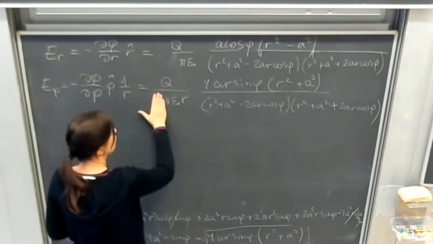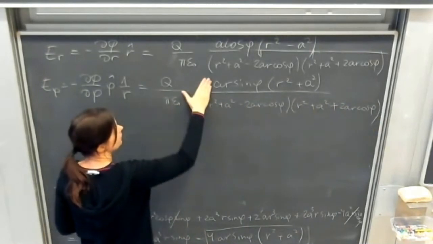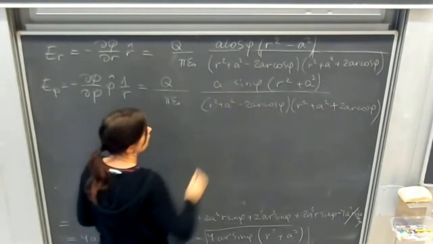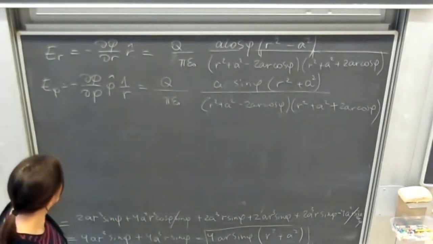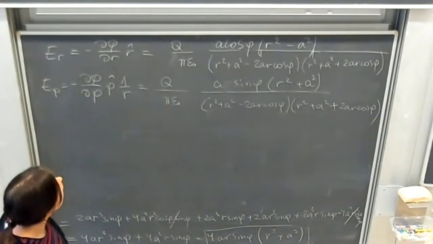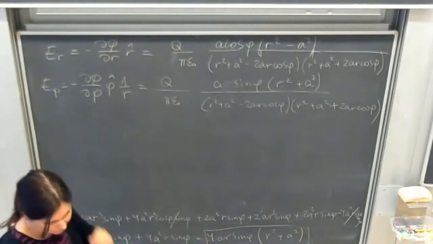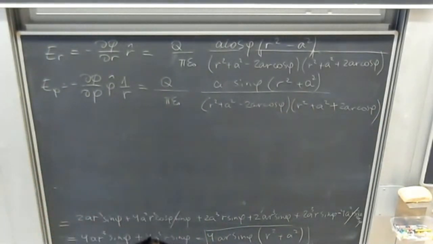So 4 and r can be cancelled. And that's what is left.